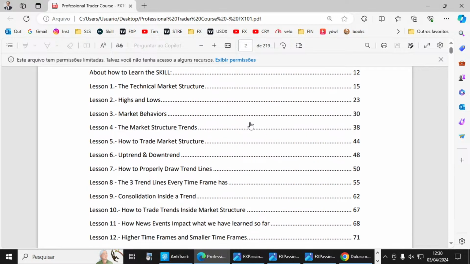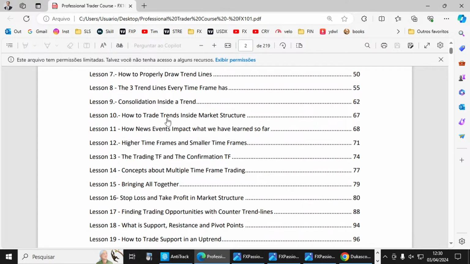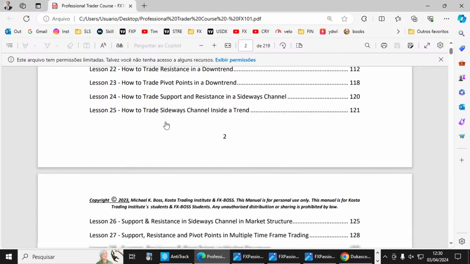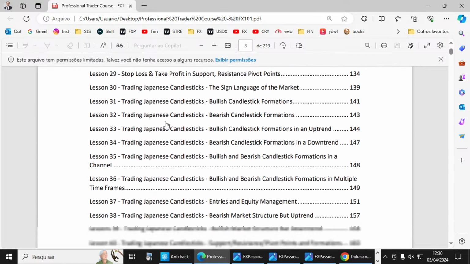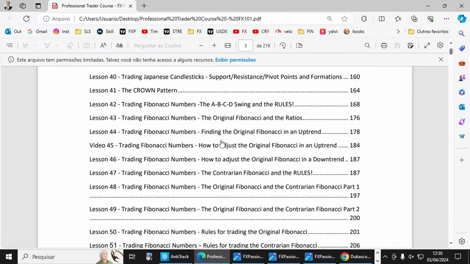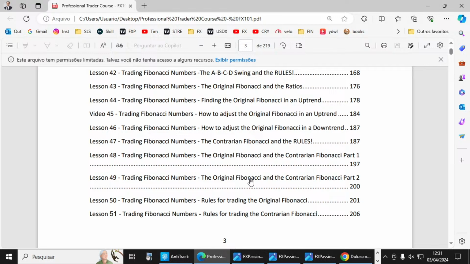We covered already all of those lessons: technical market structure, highs and lows, market behaviors, trend lines, consolidations, multiple time frame trading, support, resistance, pivot point, bullish and bearish candlestick formations. So finally, now we are learning about the Fibonacci's, and we are over 1, 2, 3, 4, 5, 6, 7, 8. Yesterday the OBS didn't work, but okay, so rules for trading the contrarian Fibonacci.